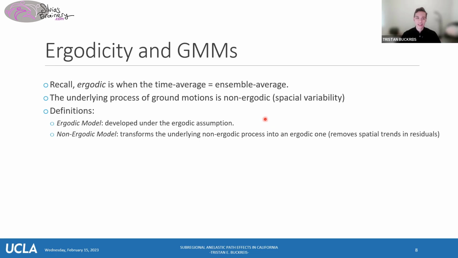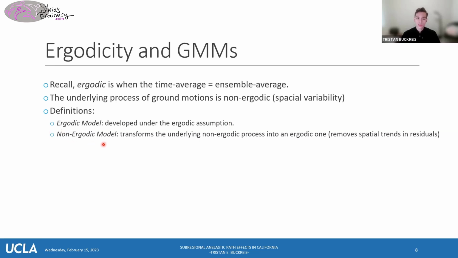Yeah. Okay. So just to go back to recall the big definitions, and I want to tie that into now ground motion models. We've talked about ergodicity, but now what is an ergodic model? It's a model that's developed under that ergodic assumption. So when you take all of the global data, use it together to make one model that you can apply in California, in Italy, in Japan, anywhere, that's an ergodic model.